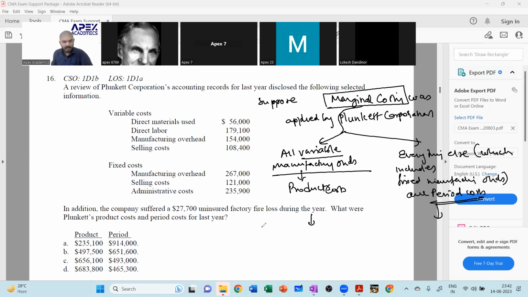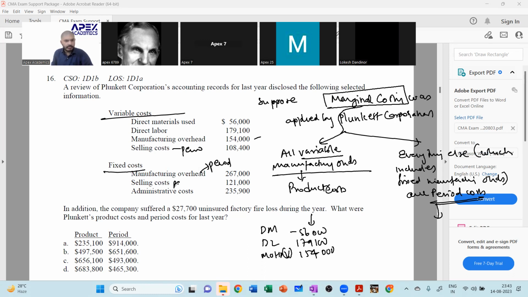So direct material 56,000 product, direct labor 179,100 product, manufacturing overhead variable 154,000 product. What about this? It is fixed, so it will go to period. It is selling, it will go to period. Everything else is period.